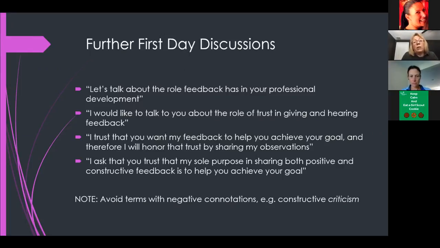And of course, in these discussions, they want to steer away from negative connotations. The big thing is not using the word criticism. The big thing is using feedback. And that's probably a culture shift for students and faculty.